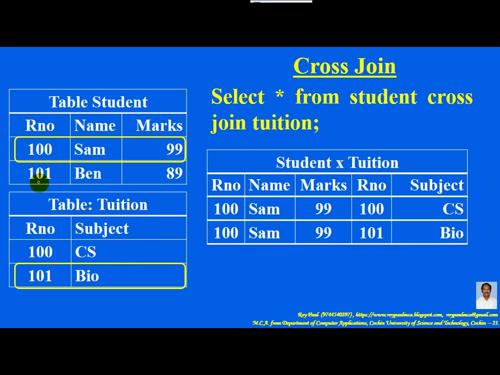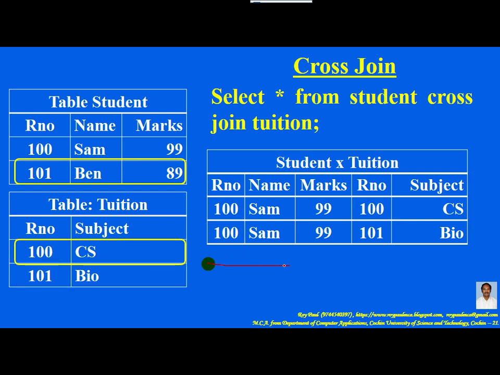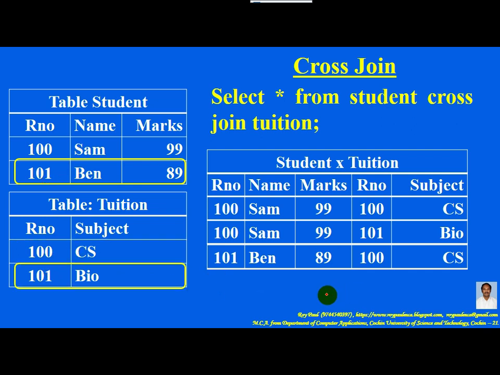Again, the second row should be concatenated with the first one. It should be written here. Finally, the second row concatenated with the second row should be written here. So you can see that this is how you find the cross join or the Cartesian product of two tables.